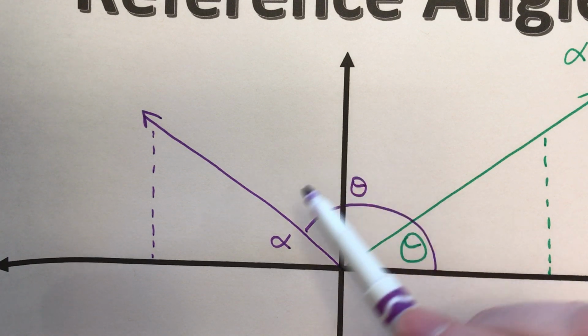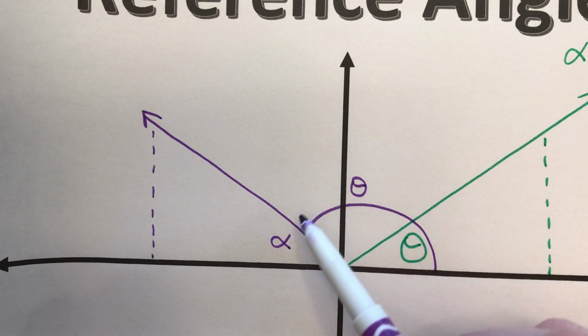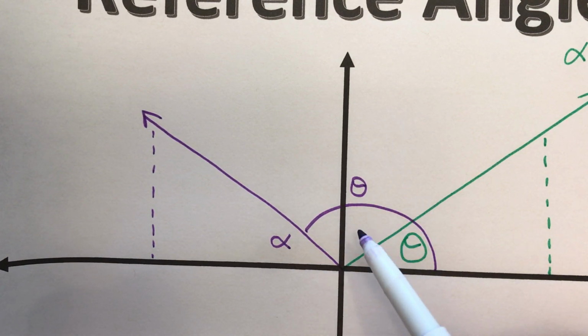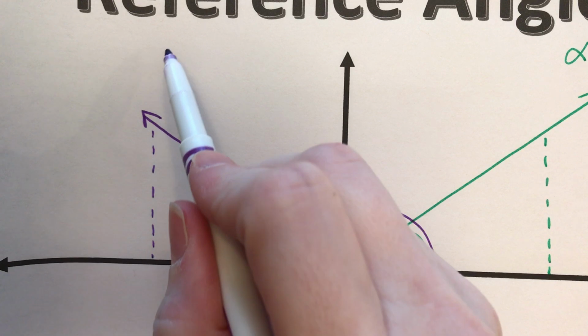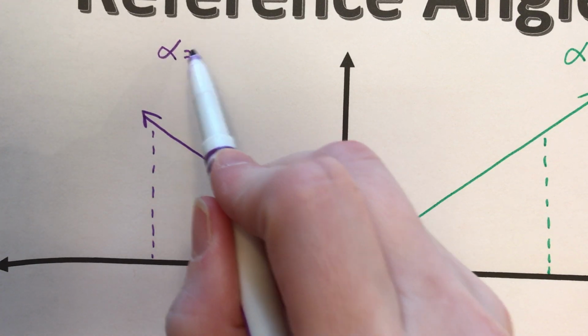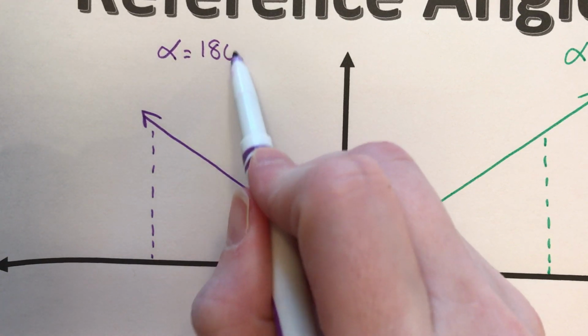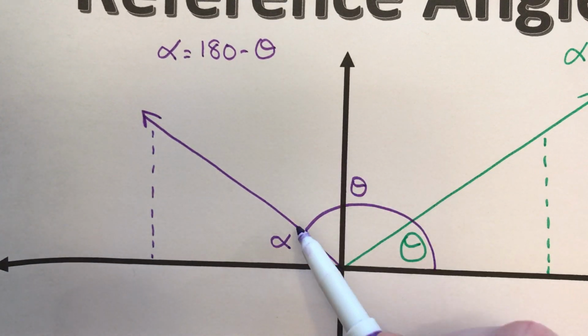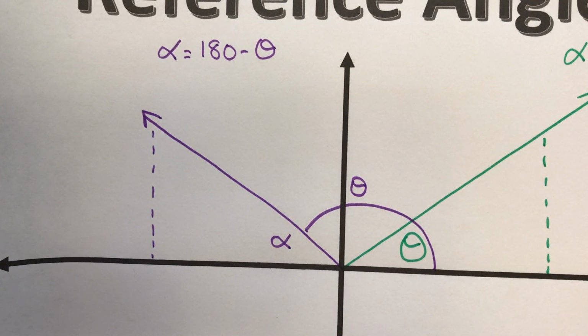Now if theta is the big angle, let's say that was 150, we'd want to know alpha. If I want to figure that distance out, I would just subtract that from 180. So I'm going to write a formula up here. Alpha equals 180 minus theta. And that gives us that distance up to the terminal side.